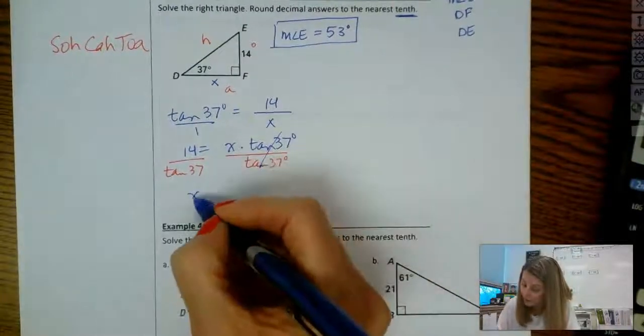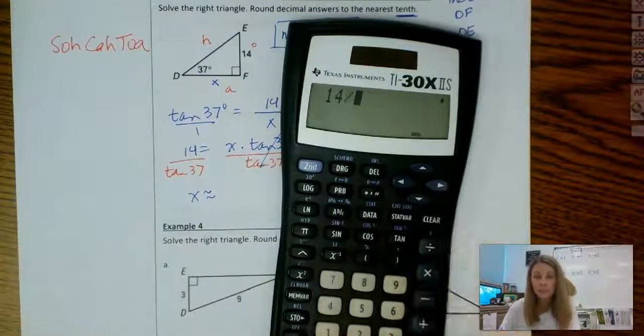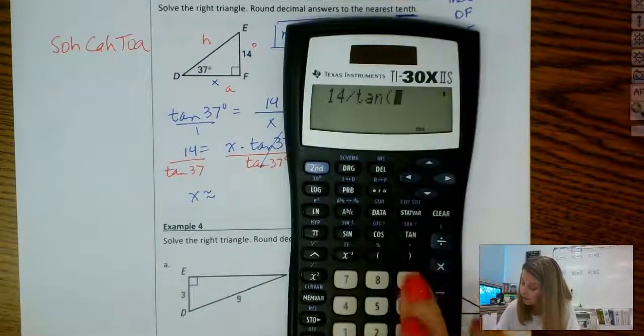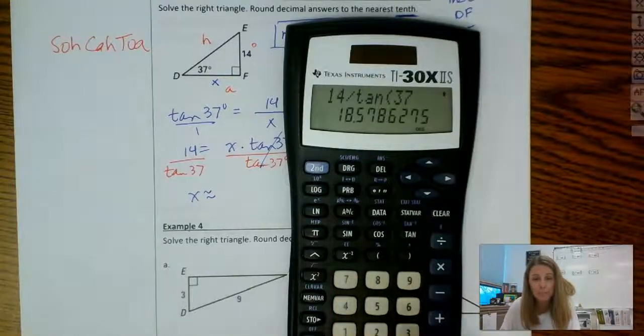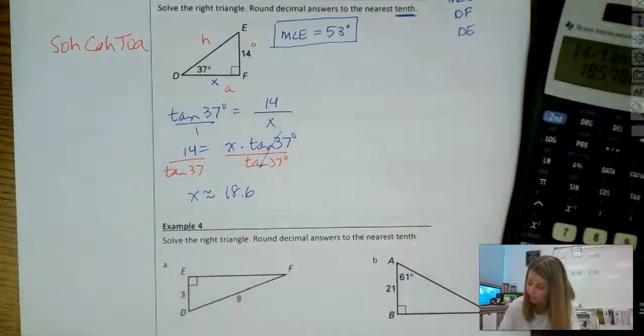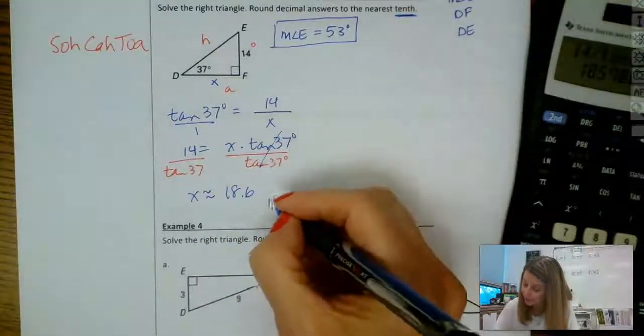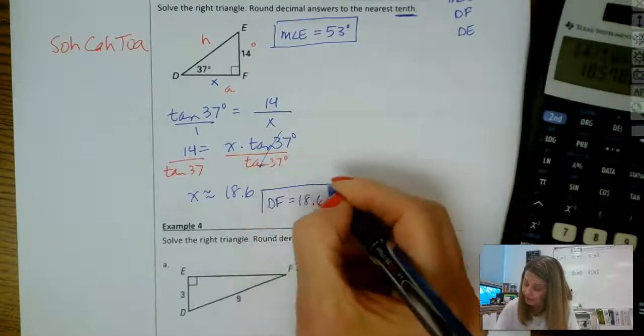So I get 14 divided by tangent of 37, and I get about 18.6. Okay, so that's DF. So DF is 18.6.